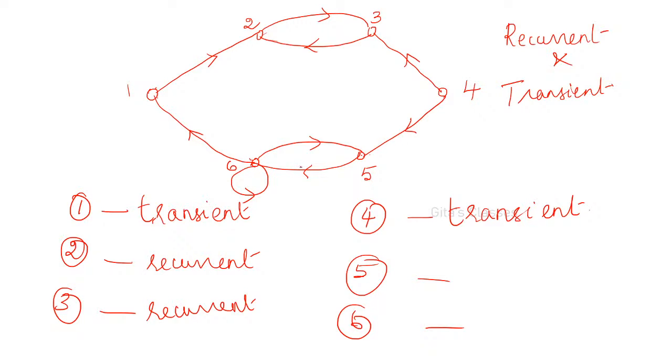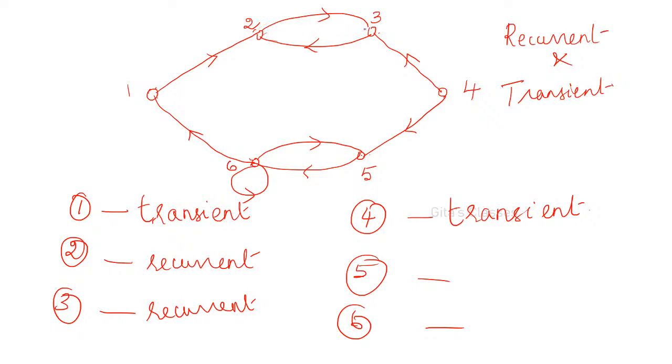No. In that case, always remember, a recurrent state means it is for sure. If you are sure that you have to come back, like from 2 you can go to 3, from 3 there is no other go, you have to come back to 2. Therefore 2 and 3 are recurrent.